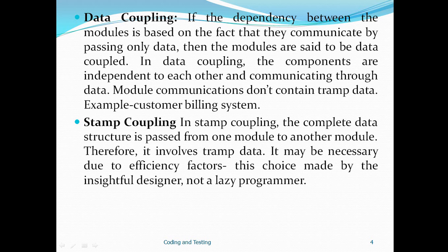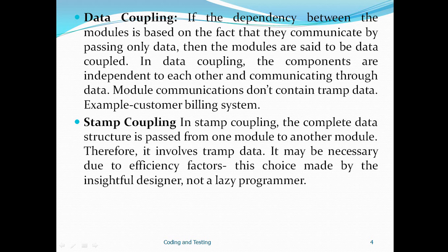For example, in the EB bill system, different customers' records and amounts are recorded in the system, but the system is not permanently changed. This is an example of data coupling.